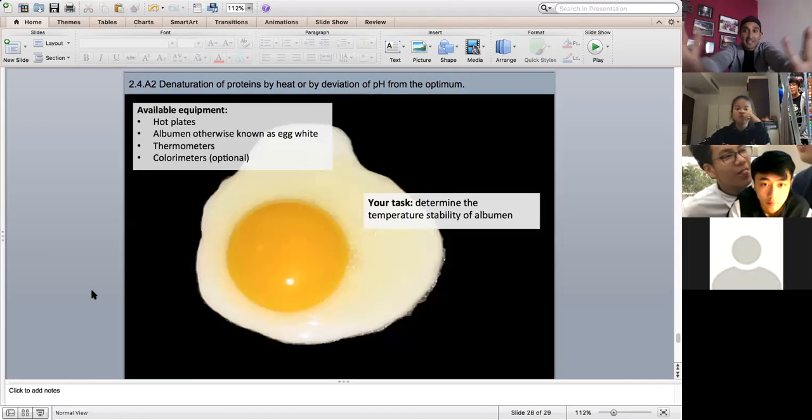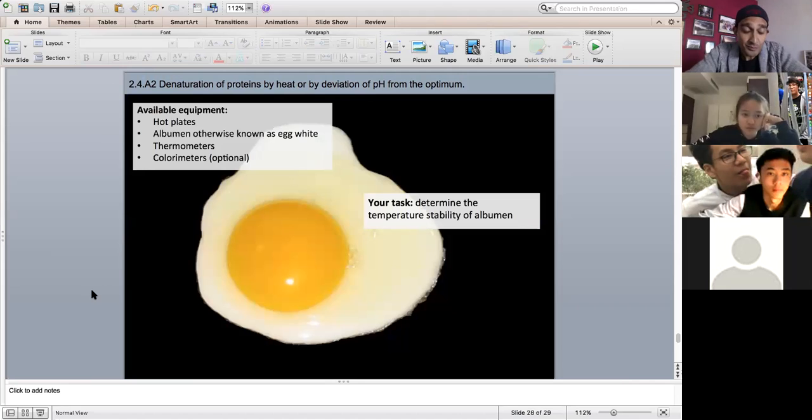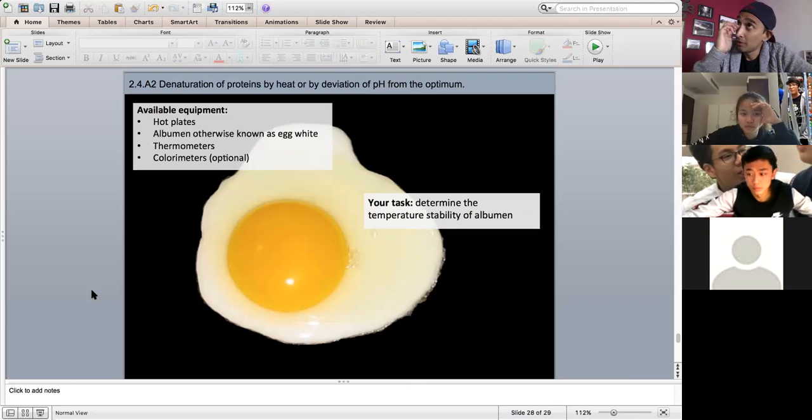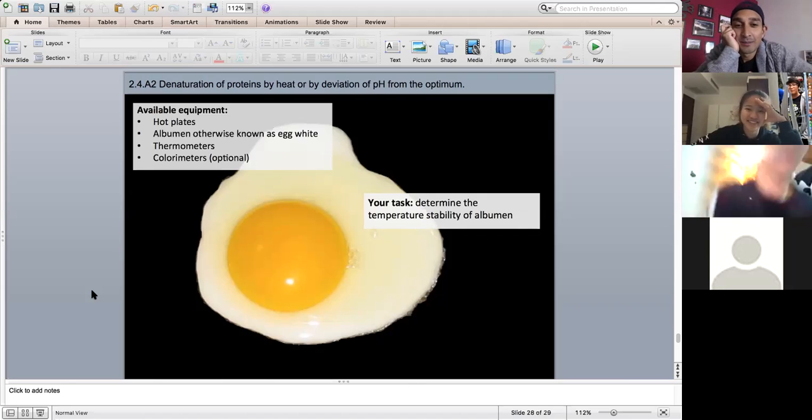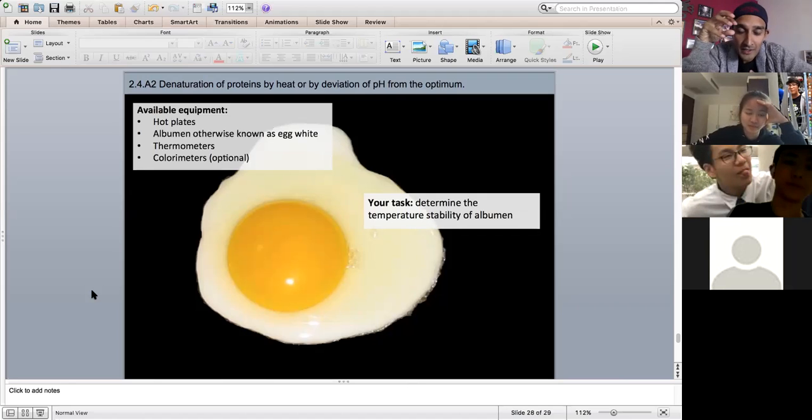So if you're feeling ambitious and you have an egg to waste, you could try this experiment at home, where you need a thermometer, which maybe you have, or you can borrow your security guard's thermometer, and try to basically take the white of the egg only, not the yolk, and see at what temperature it starts to denature.